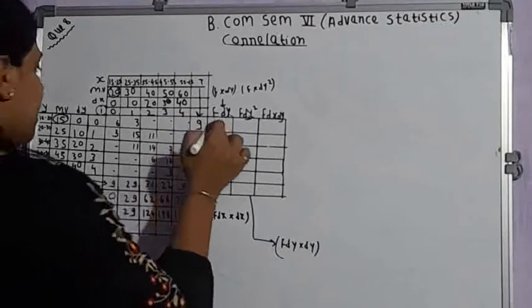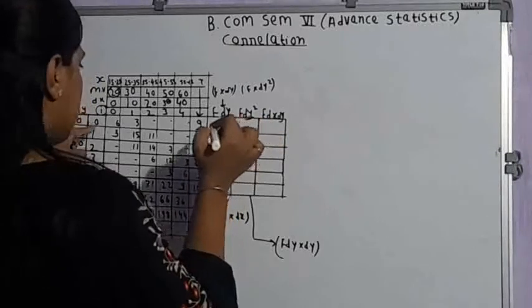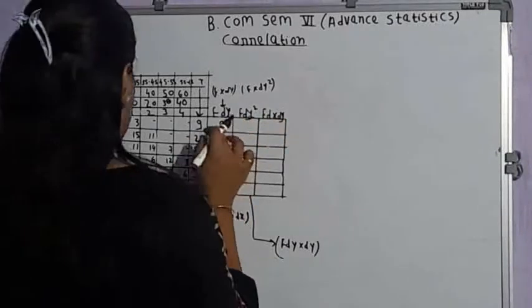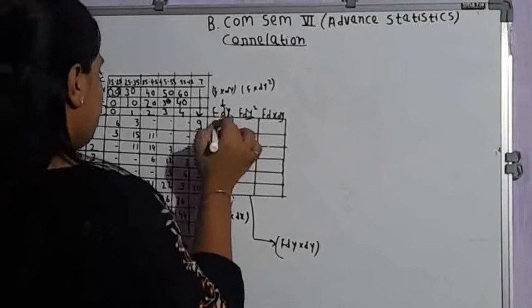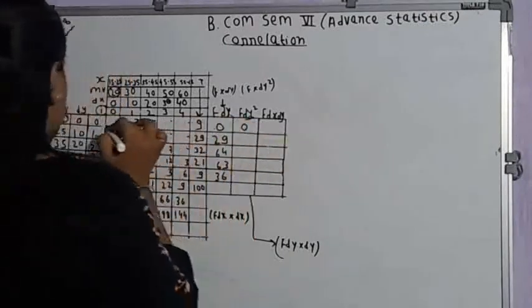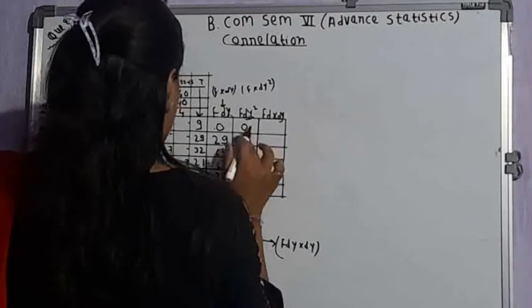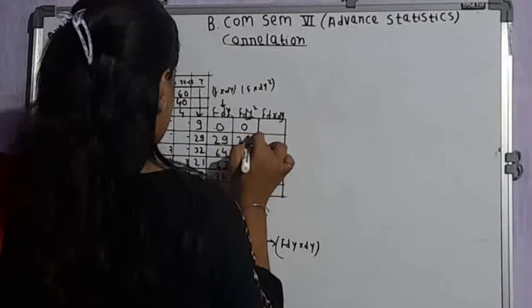So f dy is 9, dy is 0. 9 into 0, it would be 0. Then 29 into 1, it would be 29.